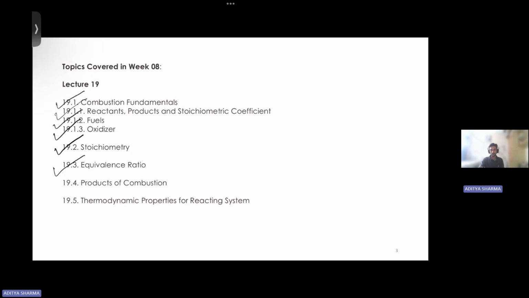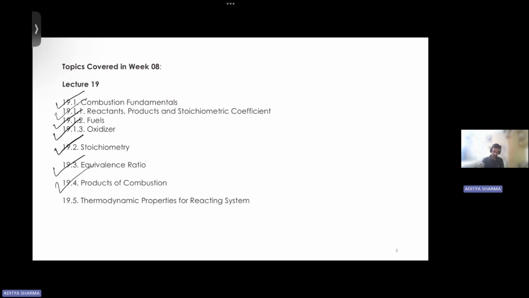If we have to analyze them, how can we do it? Different devices have been mentioned, like the Orsat analyzer and gas chromatograph, right? All these have been mentioned in the lectures for analyzing the different products of combustion.